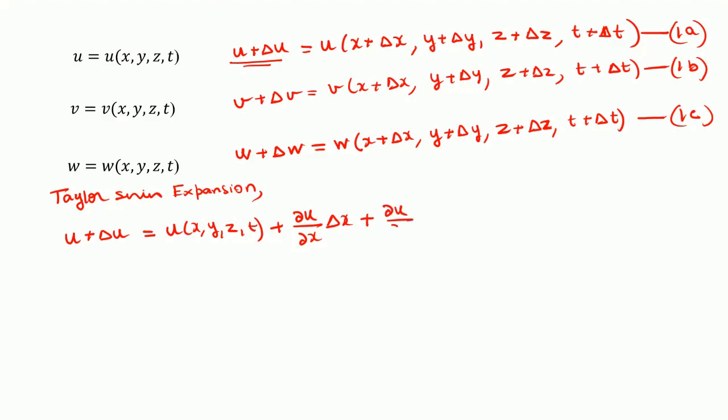Similarly, ∂u/∂y into delta y plus ∂u/∂z into delta z plus ∂u/∂t into delta t, plus further terms like ∂²u/∂x² into 1 by 2 factorial into delta x whole squared and so on, which are higher order terms, HOT, which I am going to neglect.